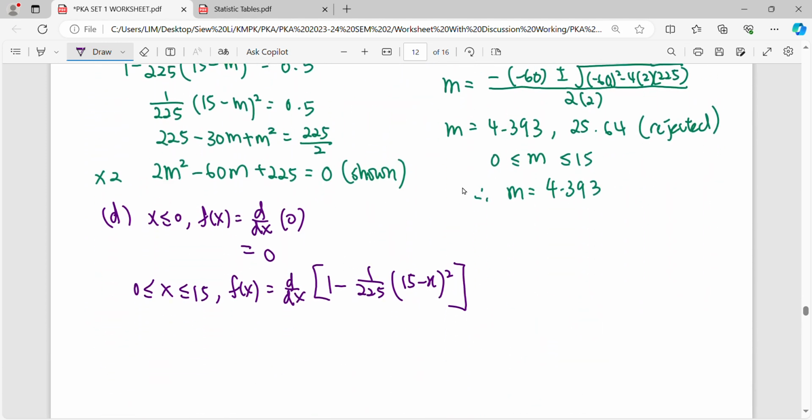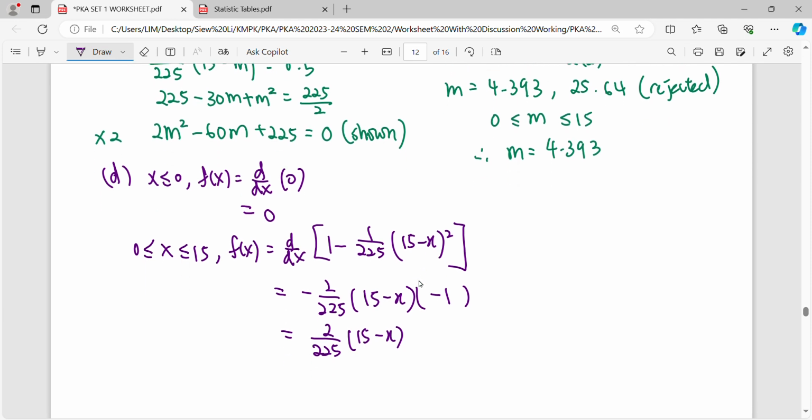So how to differentiate this? When you have plus minus, differentiate it separately. Differentiate 1, 0. Differentiate this bracket of x: the power bring down in front, power minus 1, differentiate inside the bracket. 15 gives 0. Differentiate negative x gives negative 1. So lastly it is 2 over 225 times (15 minus x).